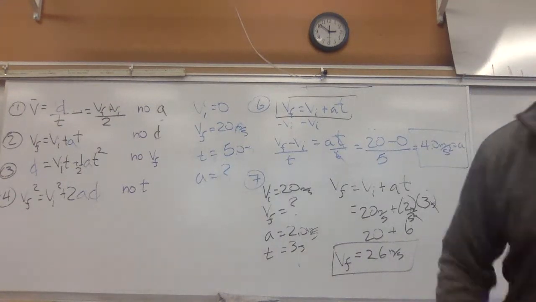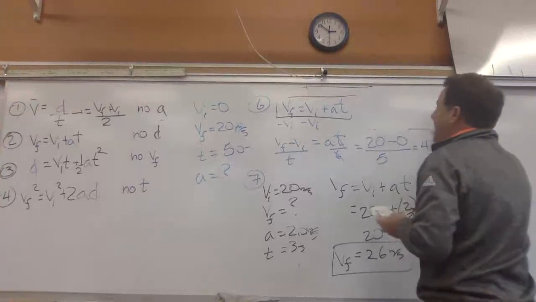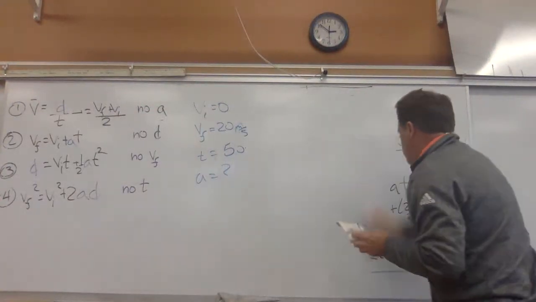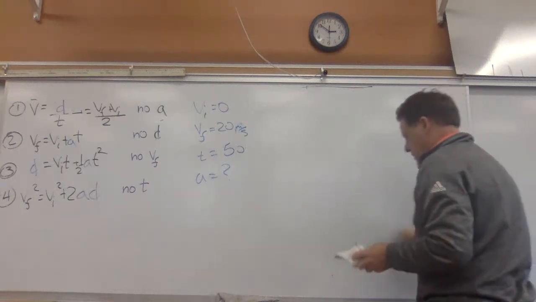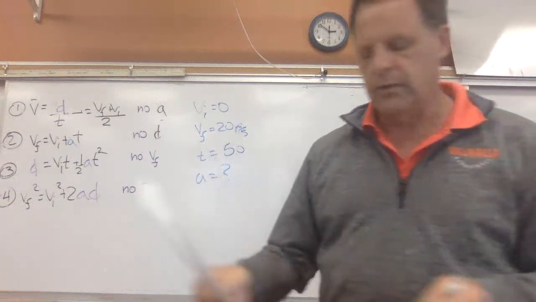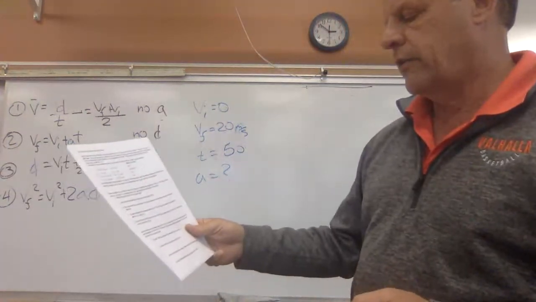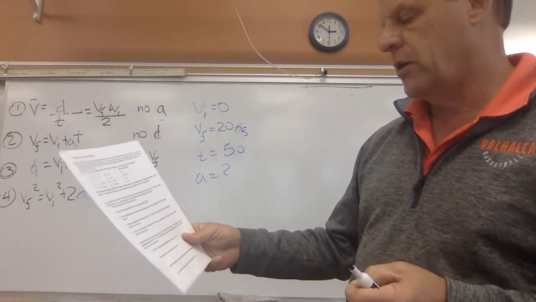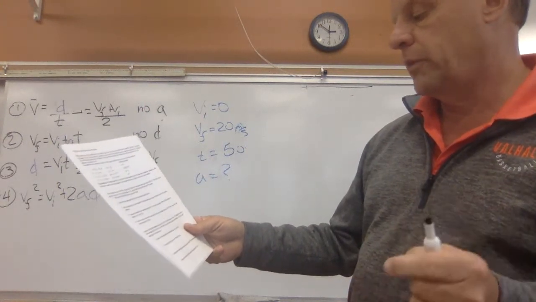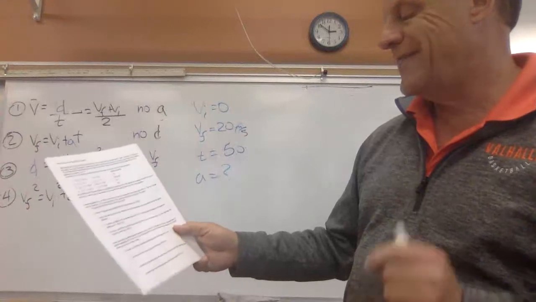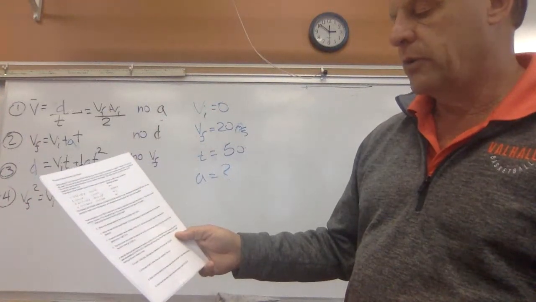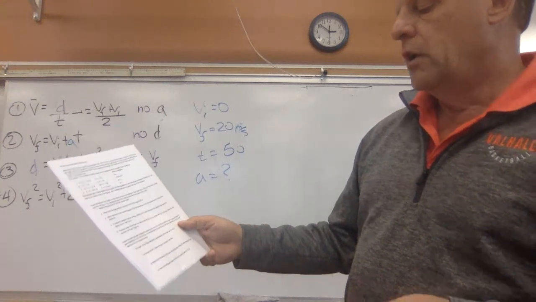So now we are going to take a look at question number 8. Question 8 says, what is the final velocity of the race car at the end of part 3? It says for the third part of the journey, the car has an acceleration of negative 5 meters per second squared, and it starts at 26 meters per second, and it comes to a stop.